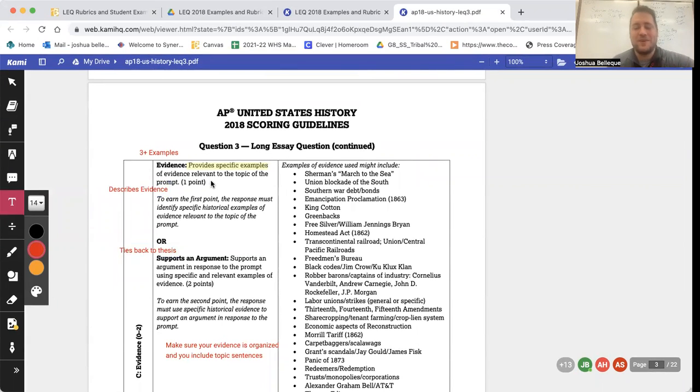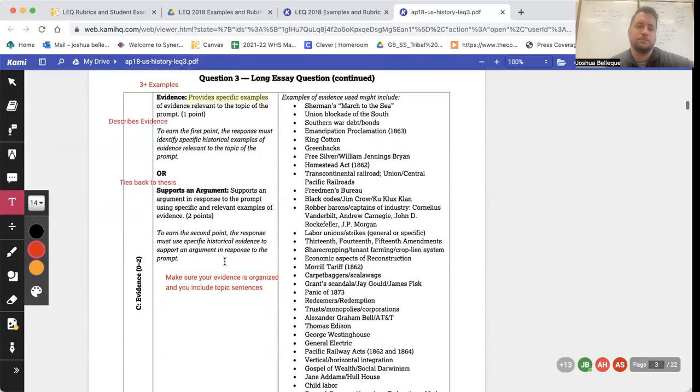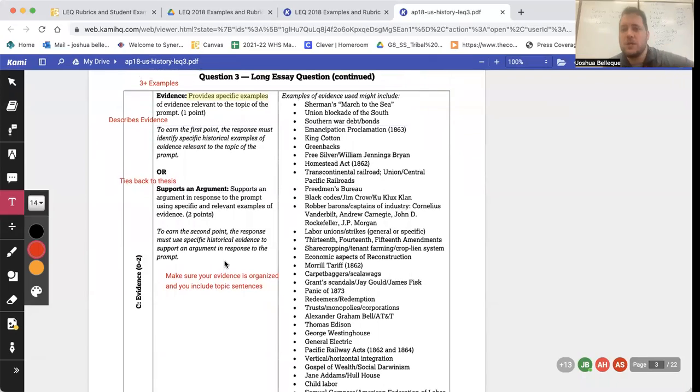Describe it as best you can, and then tie it back to your thesis. Make sure everything is organized, make sure there are topic sentences, and tie it all back to our thesis. So those are the 4 points we did before.